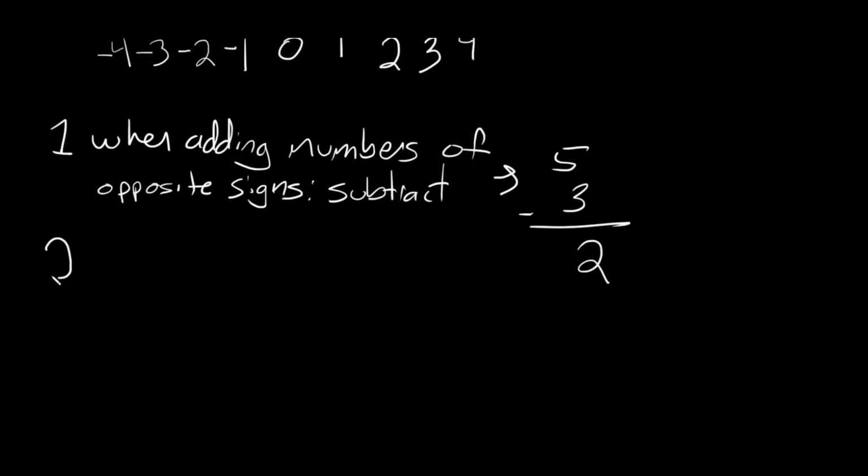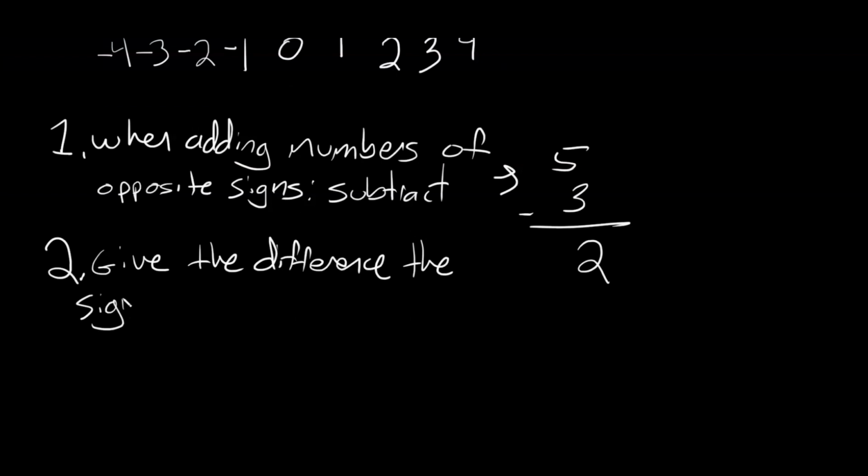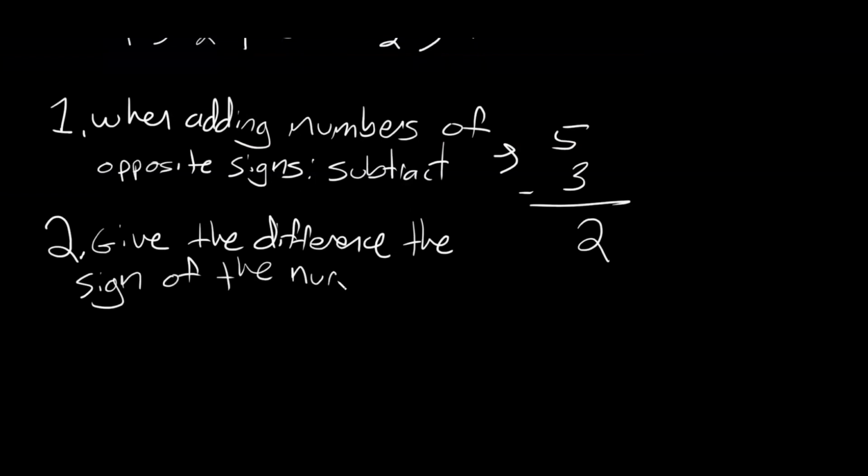And then give the difference the sign of the number farthest from 0. And difference just means the end result of subtraction.